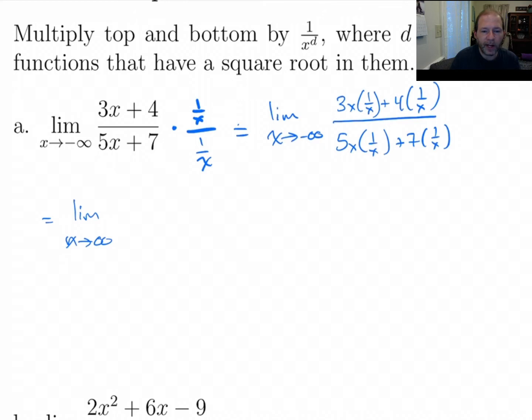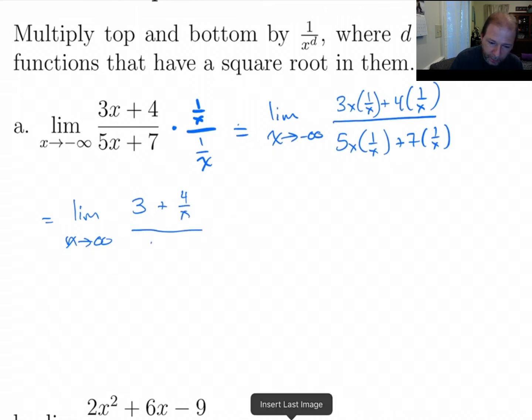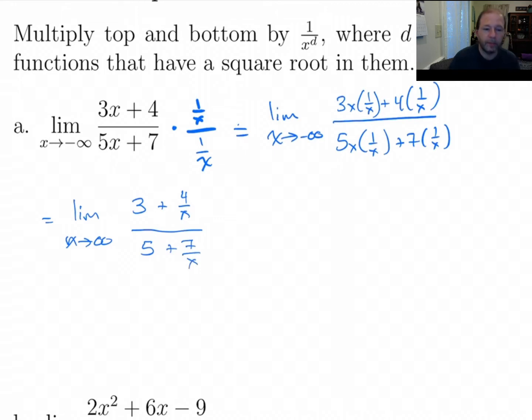Okay, now if I multiply that out, 3x times 1 over x, those cancel and it just leaves me with 3. And then I get plus 4 over x. Then down here I get 5 by itself. And then I get plus 7 times 1 over x, or 7 over x.